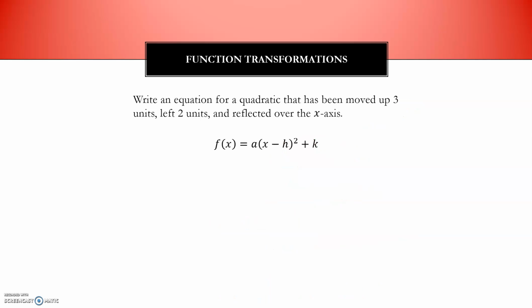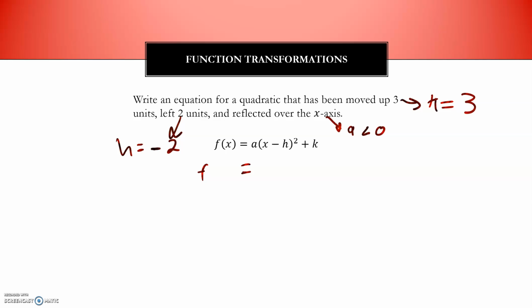Write an equation for a quadratic that has been moved up 3 units, left 2 units, and reflected over the x-axis. Okay, up 3 would be k is positive 3. Left 2 would be negative 2 for h. And reflected over the x means a is less than 0.